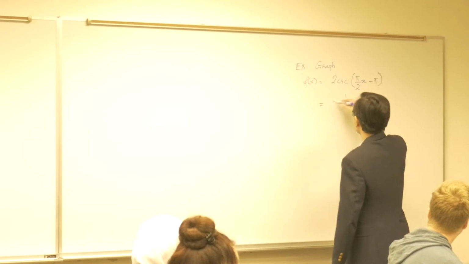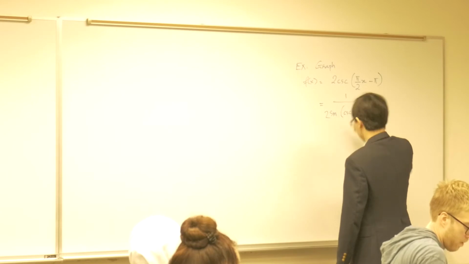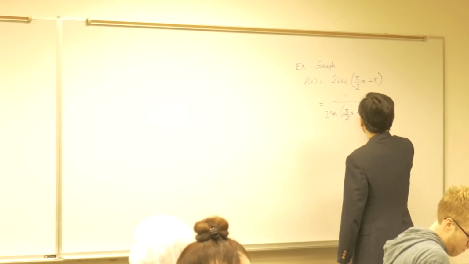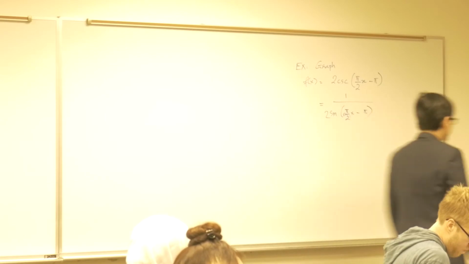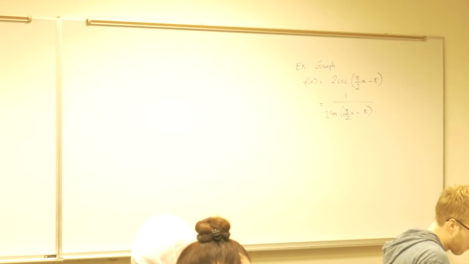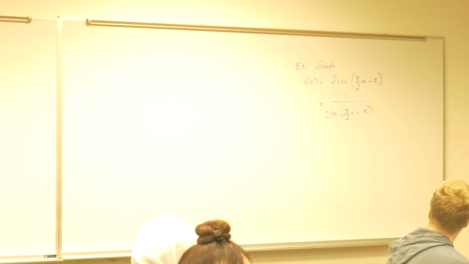Okay, so I'm going to just change it to the sine, 2 sine of pi over 2 x minus pi. I'm going to graph the sine of that using the basic sine function, and we graph it on the period, after we calculate the period using the b value right there.